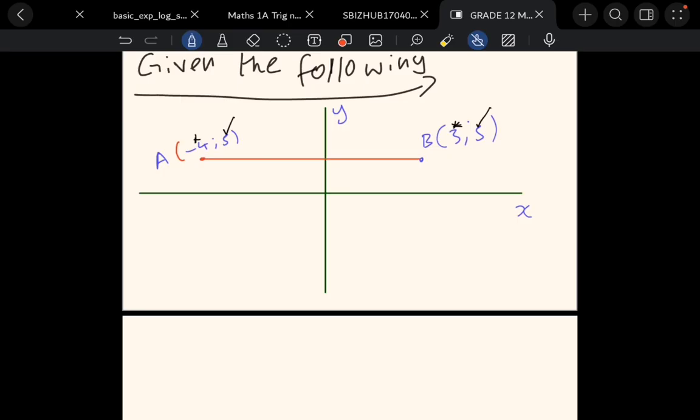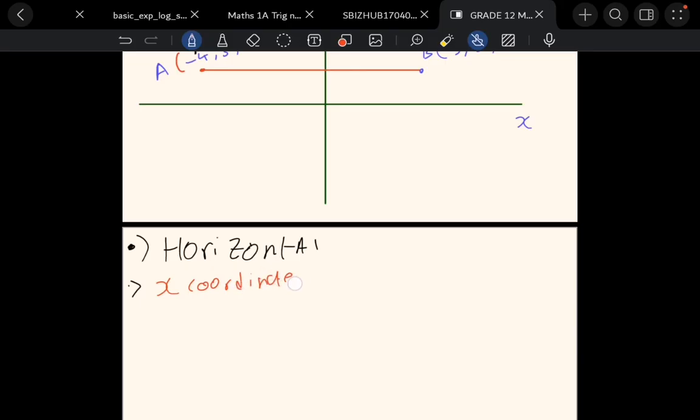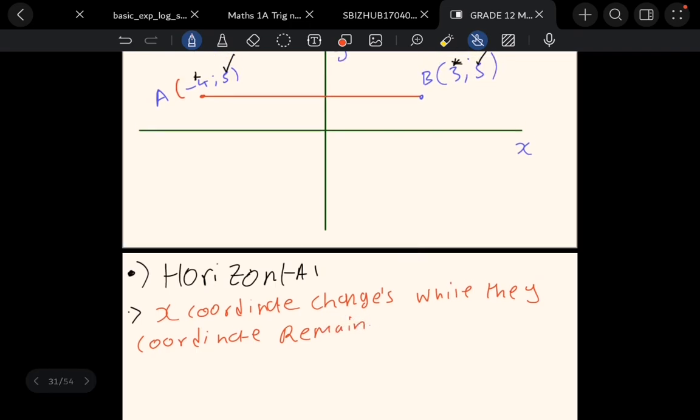Now, one more thing about a horizontal line: the x coordinate changes, the y coordinate remains the same, which means 5 is going to be 5.